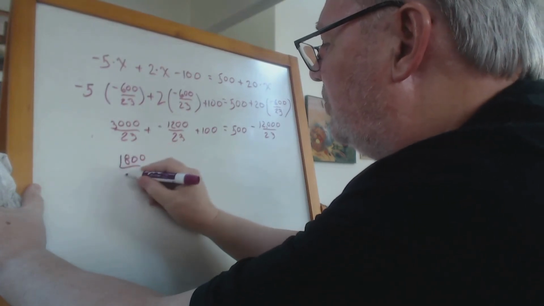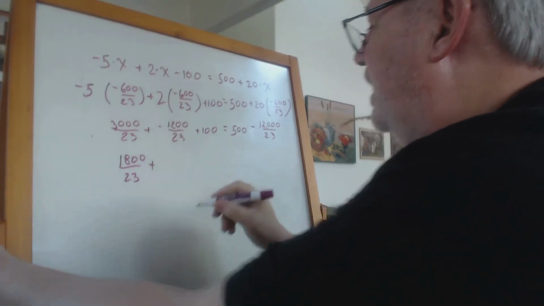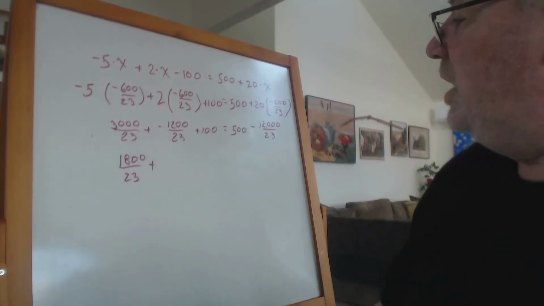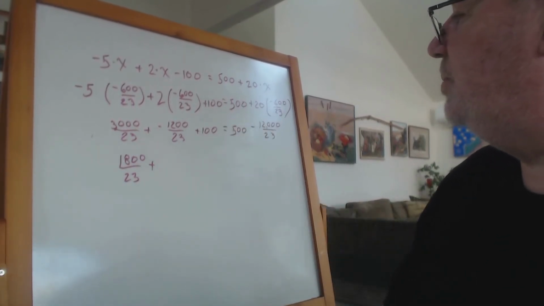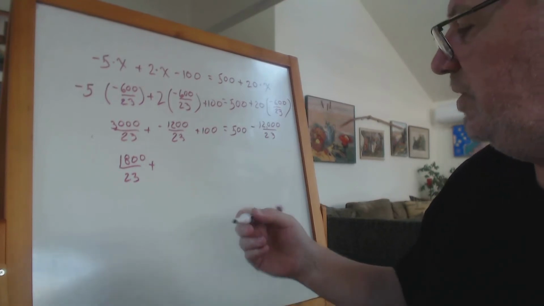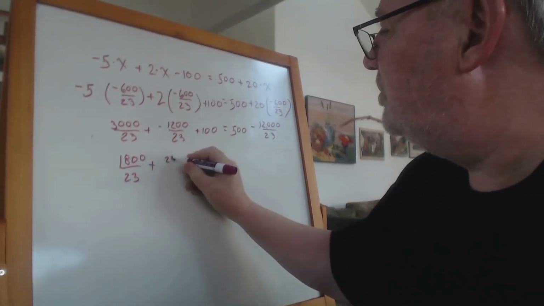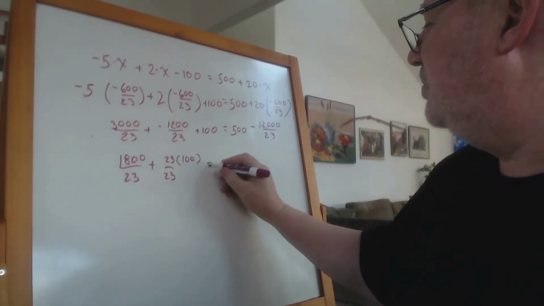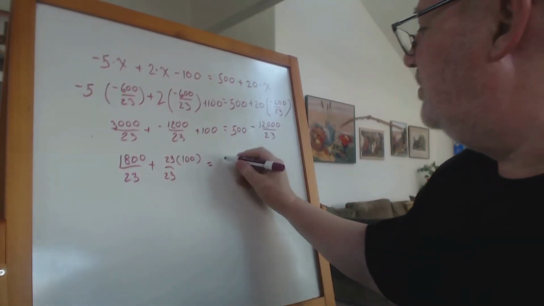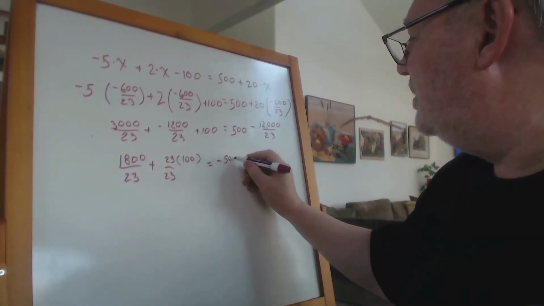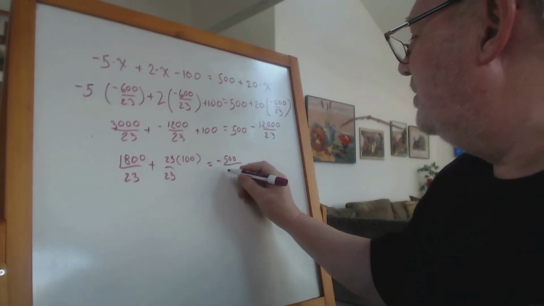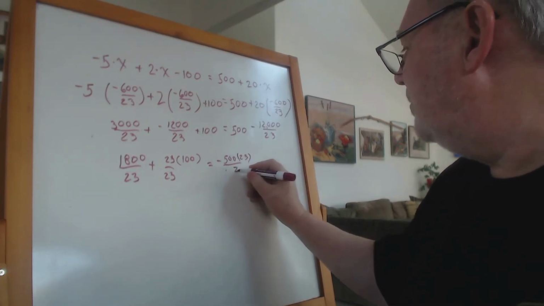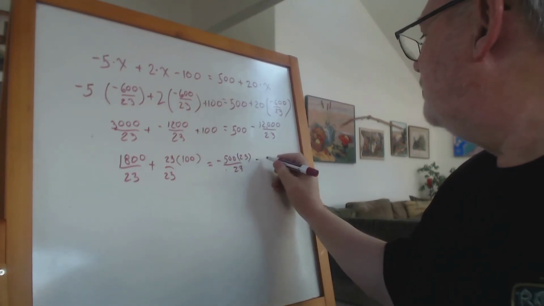1,800 over 23 plus, now that takes care of those two terms. We got to turn this into a fraction, so we multiply top and bottom by 23. So 23 over 23 times 100 equals, and we need to do the same over here, 500 times 23 over 23, minus 12.